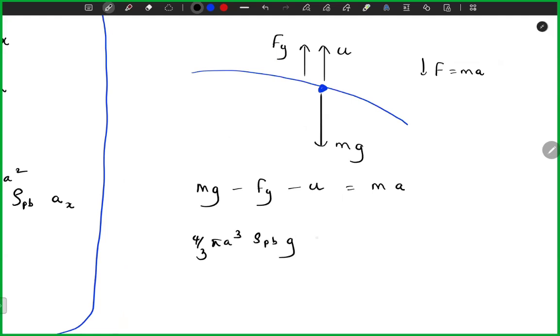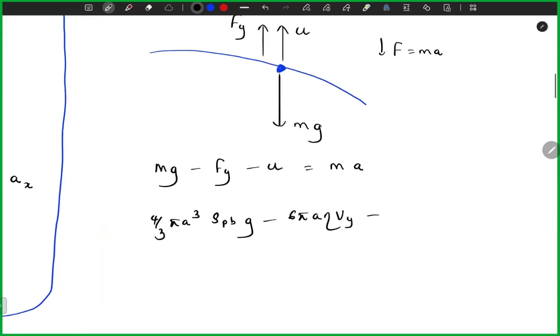Multiplied by g is the weight, and minus what is the viscous force occurring in the vertical direction? So we have the vertical velocity, right? So then we need to put what? 6π a η Vy, minus what? Upthrust.